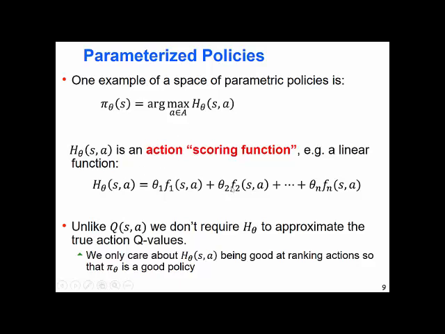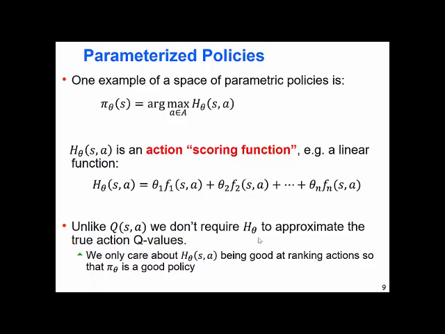And you could represent a scoring function in a linear way, just like we represented a Q function, right? So you have some features, you have parameters, and for any parameter setting, for any state action pair, you get a score. And unlike the Q function, we're not going to require the score function to actually represent values.